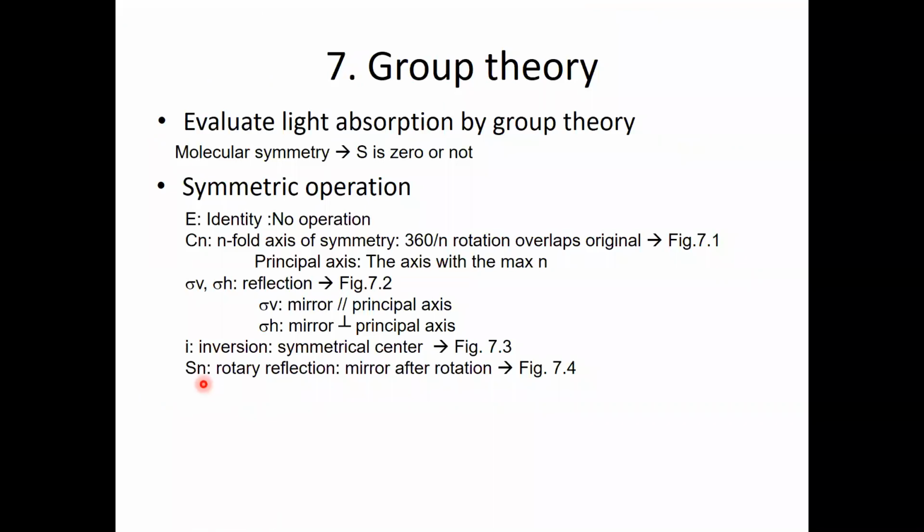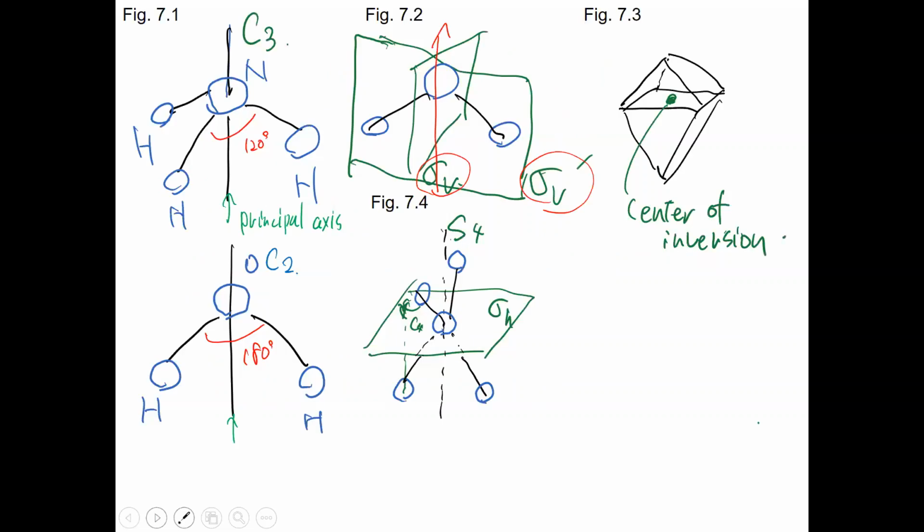The last one is Sn, which is called a rotary reflection. It's actually a combination of a rotation Cn and a mirror operation. Here's one example.